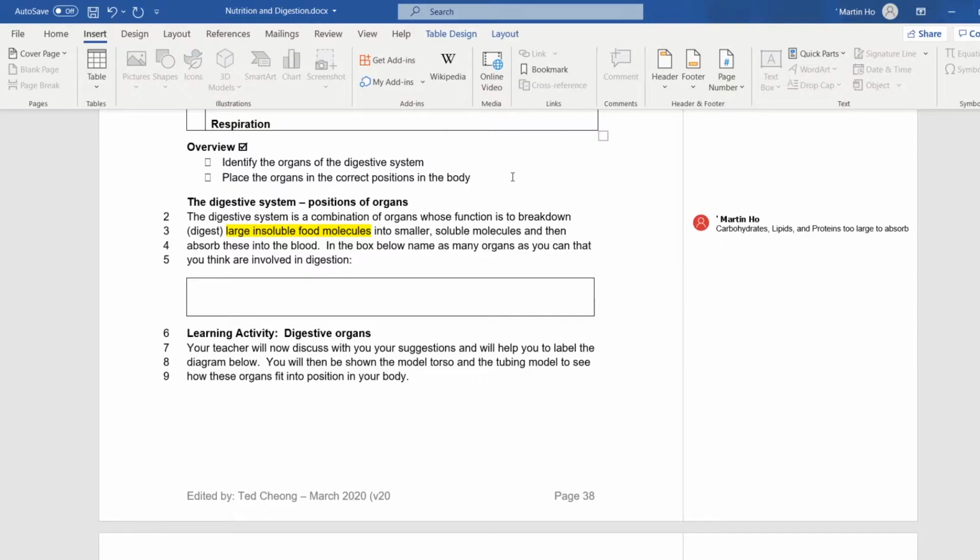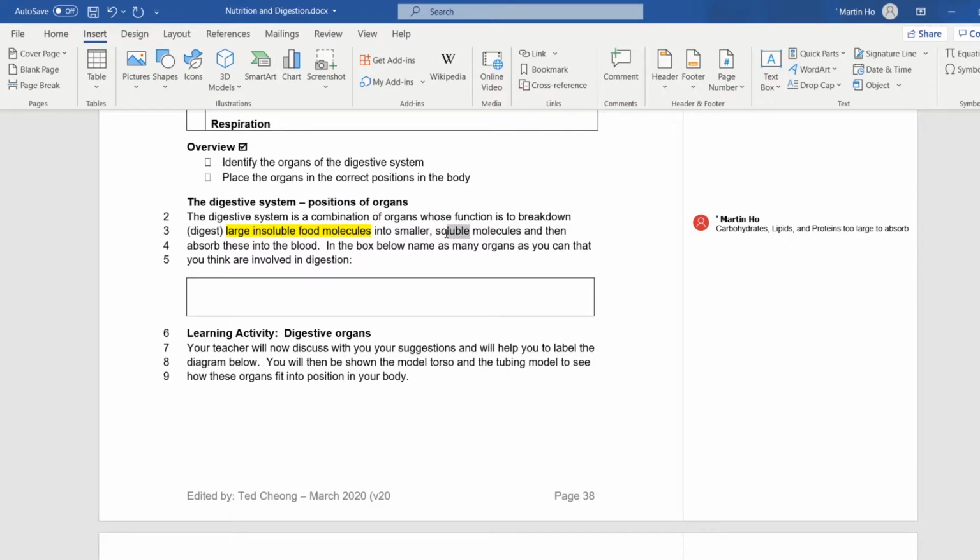The digestive system is a combination of organs whose function is to break down or digest large, insoluble food molecules into smaller, soluble molecules and then absorb them in the blood. So we're going to make 2 notes here. First of all, large insoluble food molecules refer to carbohydrates, lipids, and proteins in their native forms which are too large to absorb.